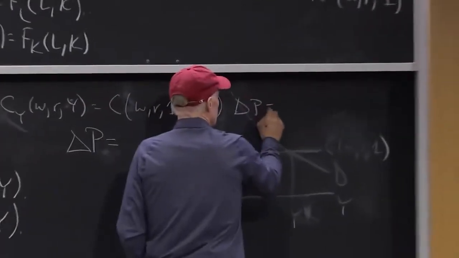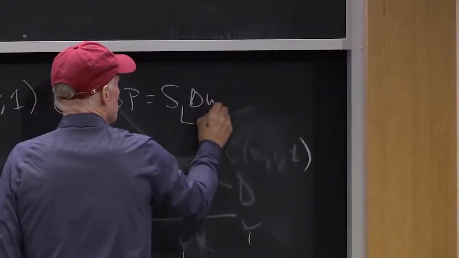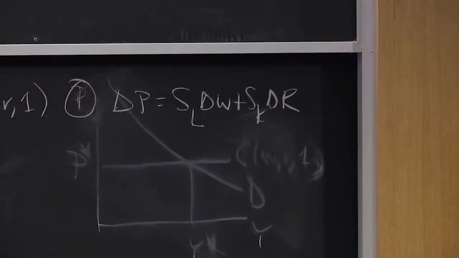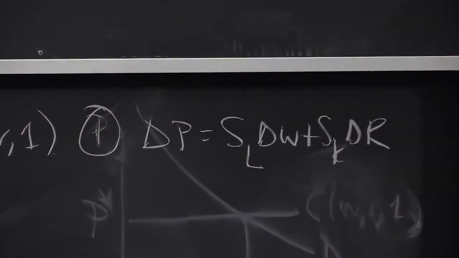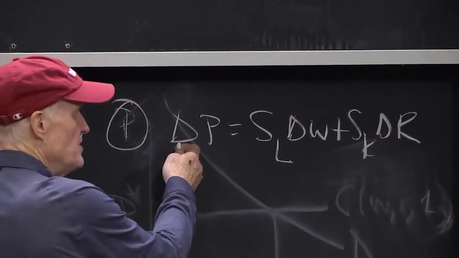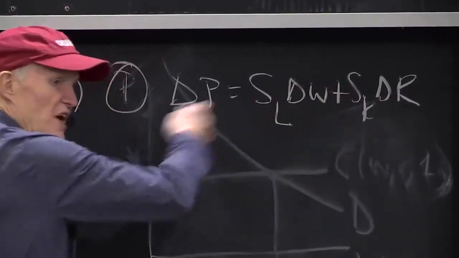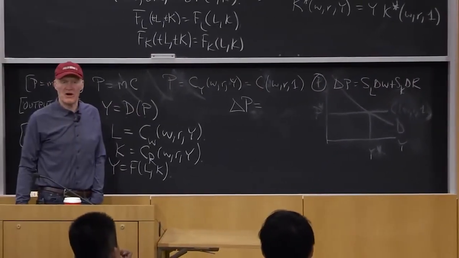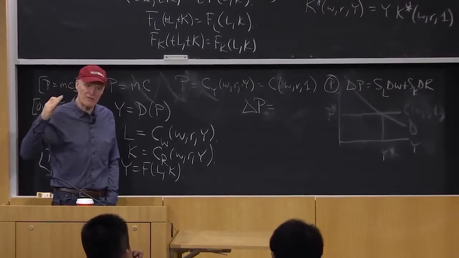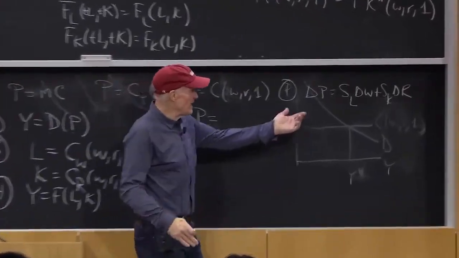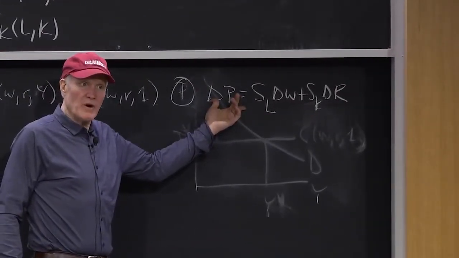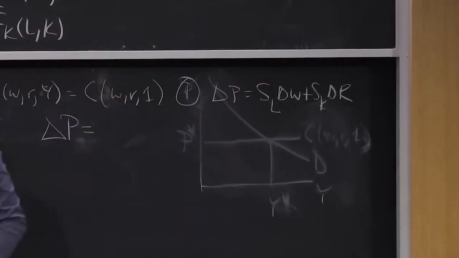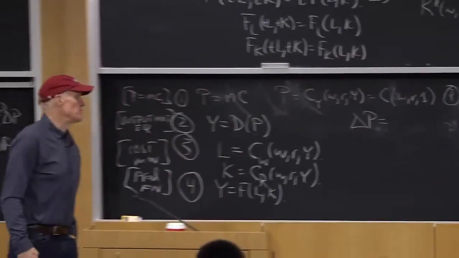Delta P equals S_L delta W plus S_K delta R. That's going to tell me that if input prices change, or drive it the other way, output prices change, my input prices have to satisfy this relationship to stick with this price equals marginal cost equilibrium, right? As long as I have price equals marginal cost, I got to obey that equation. As wages and prices move, I got to satisfy that equation. Okay? It's a very simple equation.